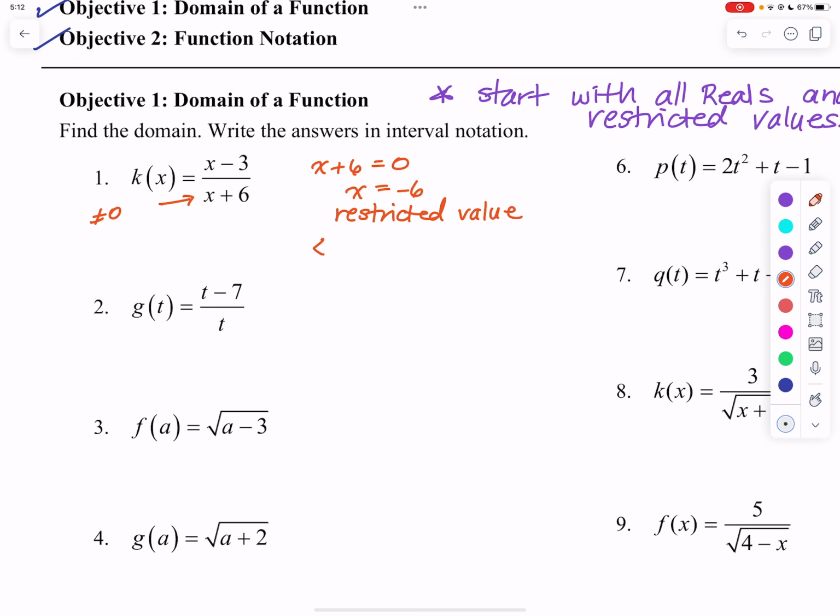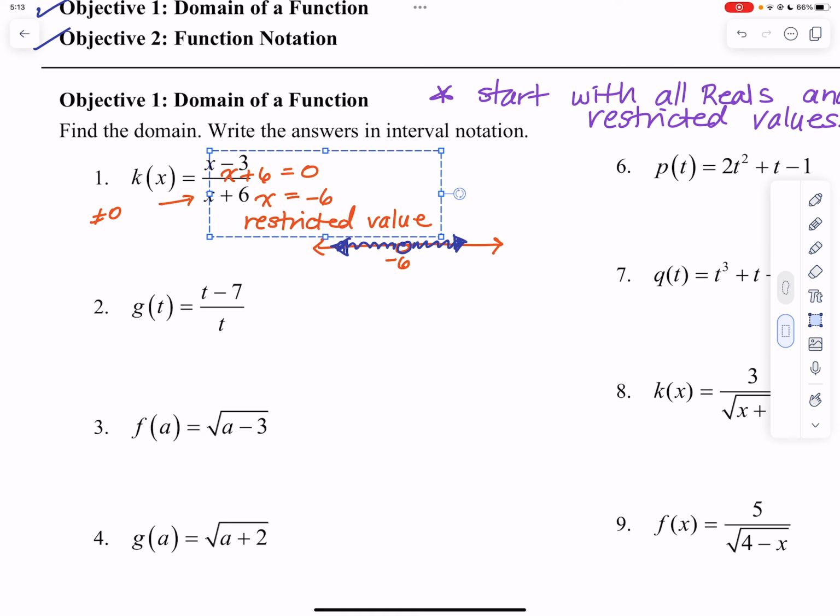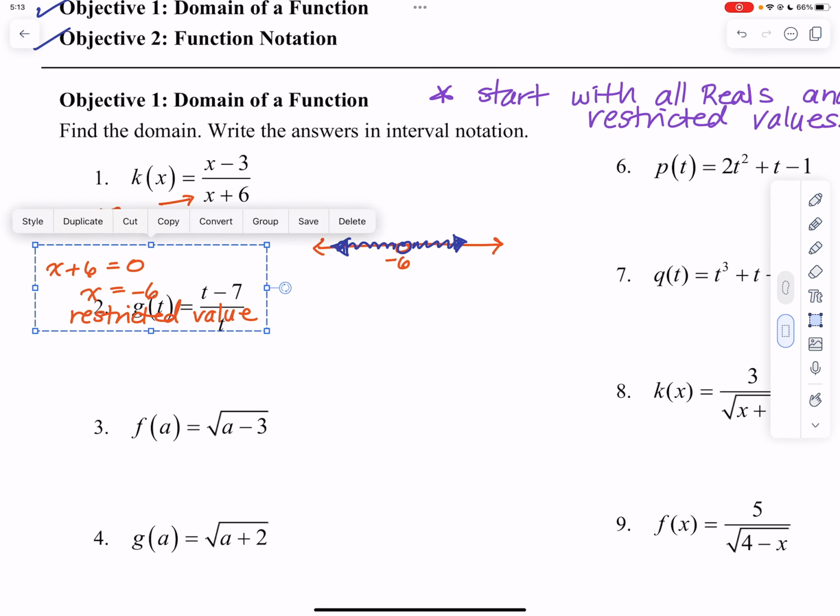So what we want is all real numbers except for -6. So let me make this solution set like this. We don't want -6, but we want everything greater and also everything less.